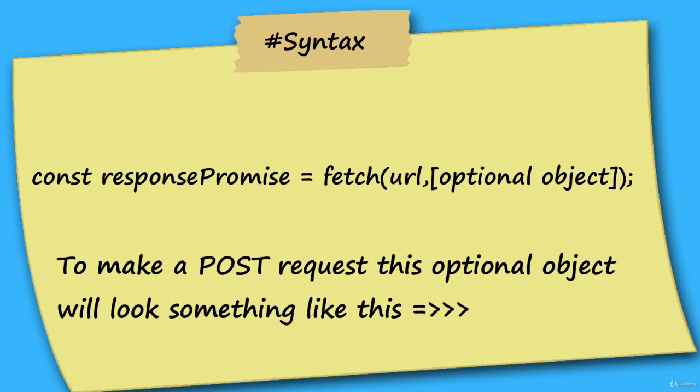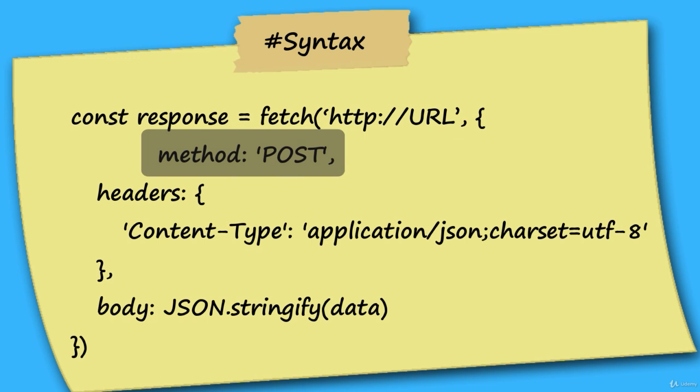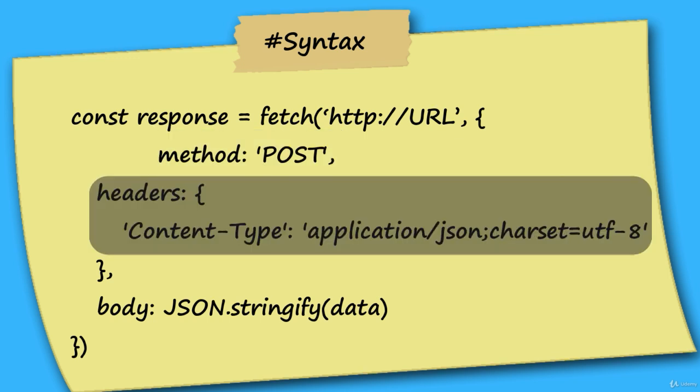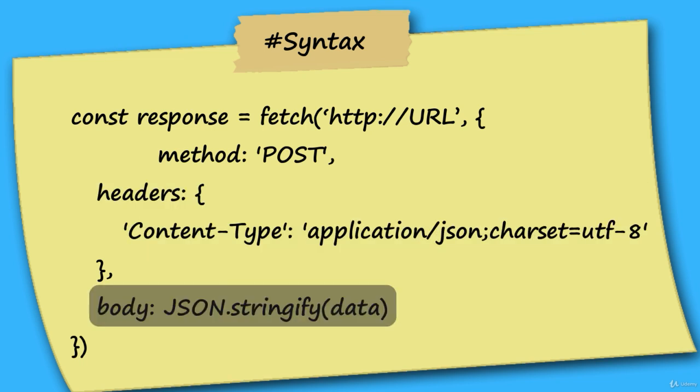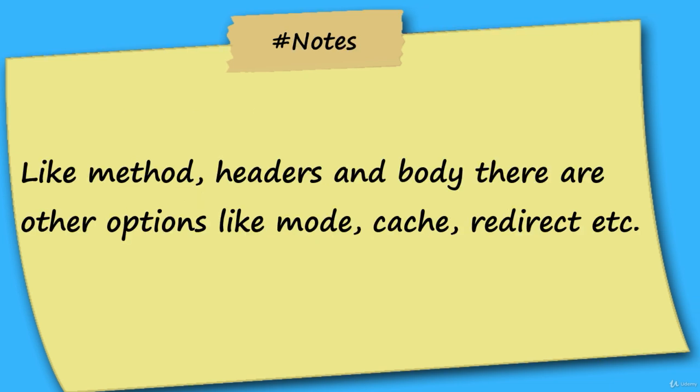To make a POST request, this optional object will look something like this, where we have the method, where you write POST or whichever request you want to make. The headers, where you define the header related information for the request, and of course the body, where you send the information to the URL. Like the method, headers and body, there are other options, for example mode, cache, redirect, etc.